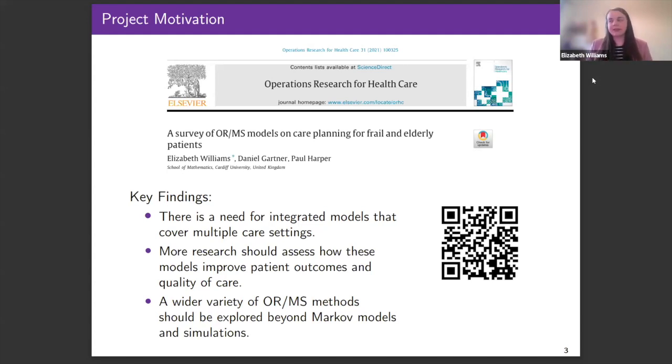So this is something we wanted to look into. More research should assess how models improve patient outcomes and quality of care. And finally, we found that there should be a larger variety in OR or management science methods, beyond just simple Markov models and simulations, as that is what currently tends to fill the literature.